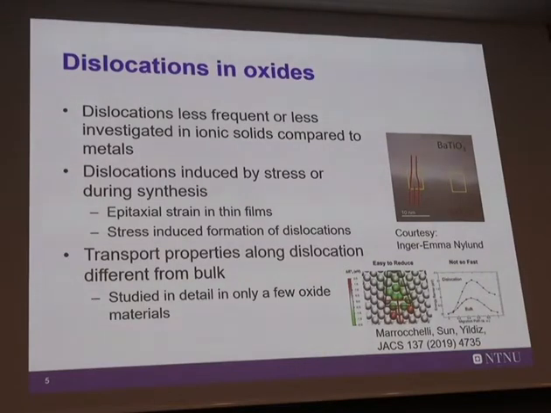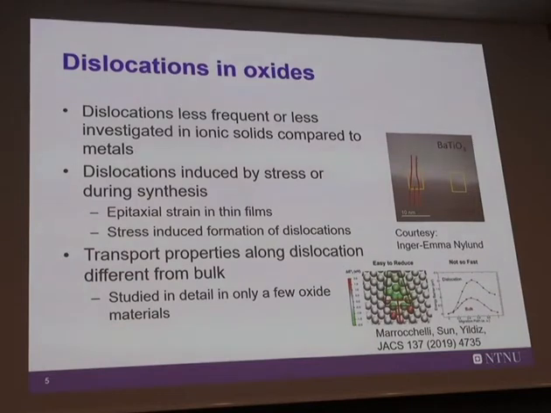And the same thing applies also to oxides, which are ionic in nature. If you apply stress, you will also induce dislocations. But maybe the most common dislocation we can find in the oxide community today is the edge dislocation you can see in thin films, where you have a mismatch in lattice unit cell dimension, and then you get a dislocation at the interface between the two materials.